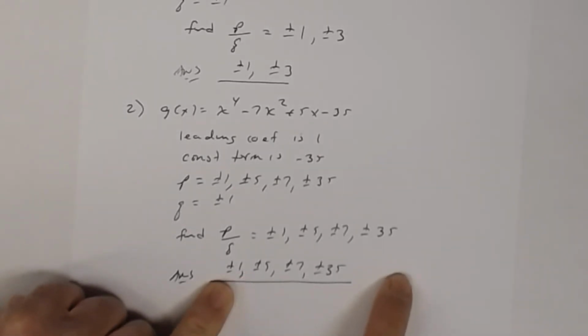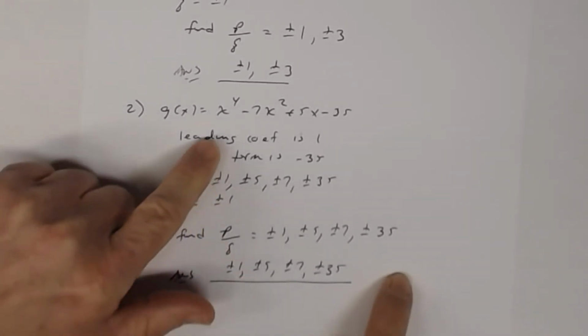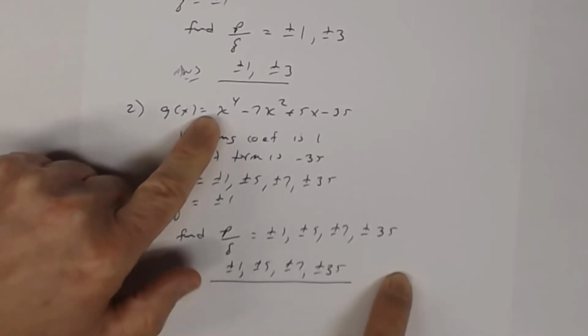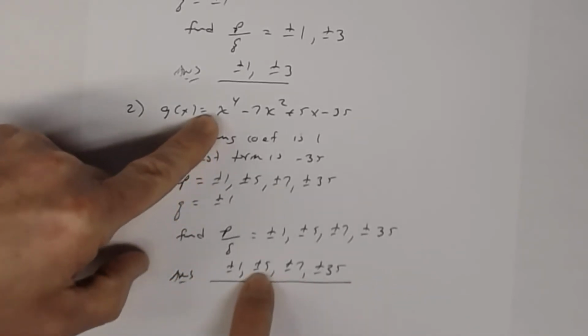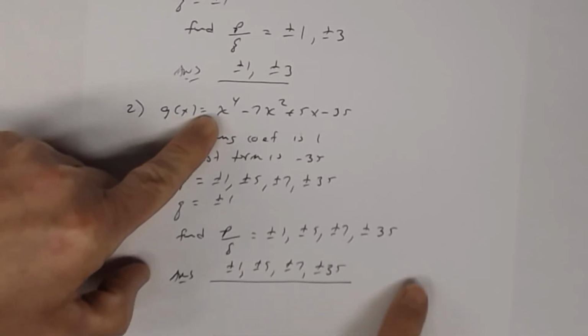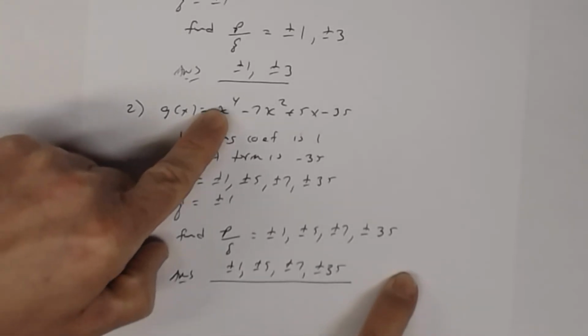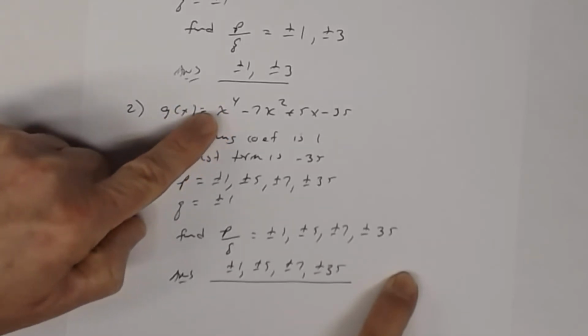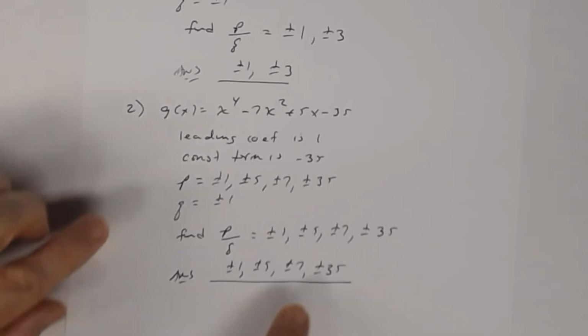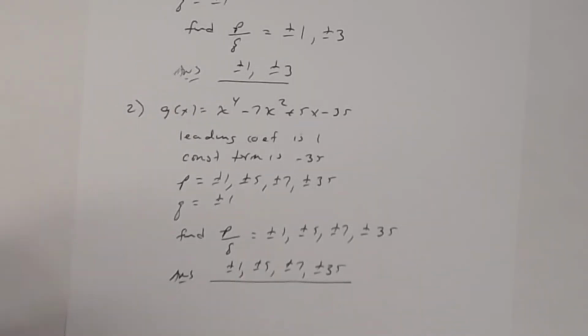So in other words, 22 is not a zero of this polynomial function because 22 is not listed. Negative 10 is not a rational zero because negative 10 is not listed. Okay? All right, that was number 3.